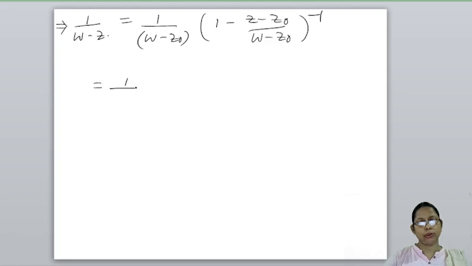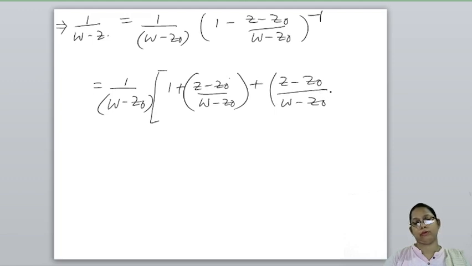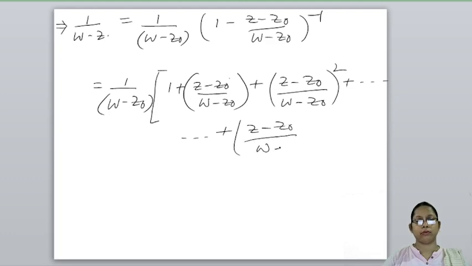So this is equal to 1 by (w minus z naught) times the bracket: 1 plus (z minus z naught) by (w minus z naught) plus (z minus z naught) squared by (w minus z naught) squared, and it goes on up to (z minus z naught) to the power n minus 1 by (w minus z naught) to the power n minus 1.